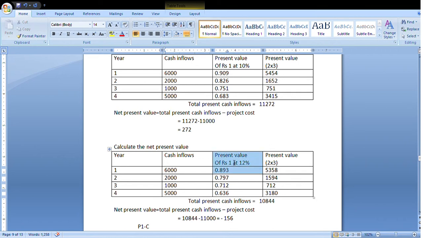The third column is also based on the present value of one rupee table.